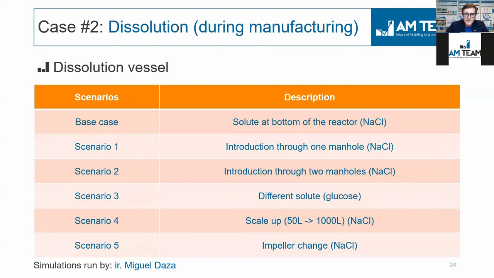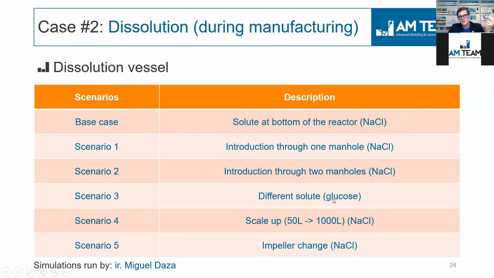We did a couple of scenarios here with a base case, the starting vessel, let's say, and then 5 other scenarios. I will not go into much detail because it's too much information, but I will quickly describe what we have done. We have played with the solutes. For example, we compared sodium chloride dissolution versus glucose.